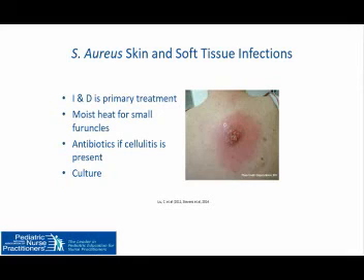This one does have cellulitis, but if they don't have cellulitis, you just want to use nice, warm, moist heat and I&D and really kind of let it go. And I know that that makes people very anxious, but most studies indicate an 85 to 90% cure rate whether you use antibiotics or not if they don't have cellulitis. So if you don't have that big red ring around it, just I&D it and don't give them antibiotics.